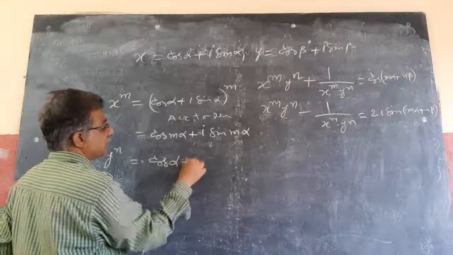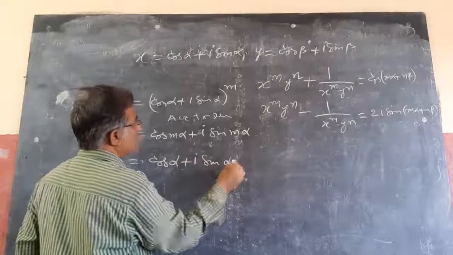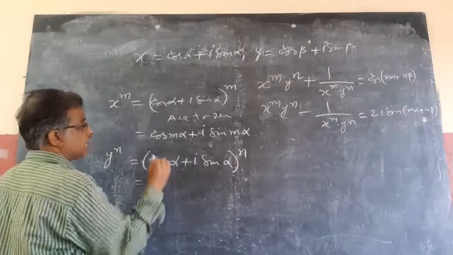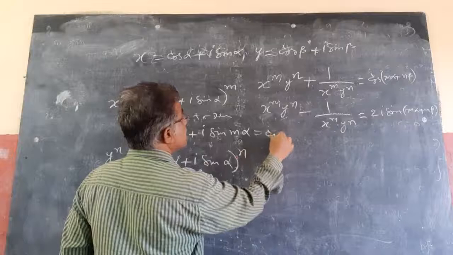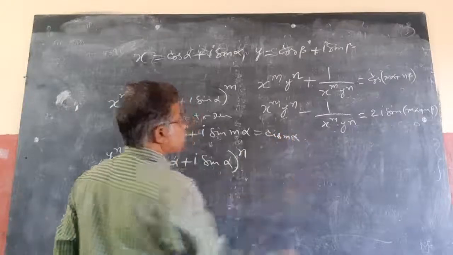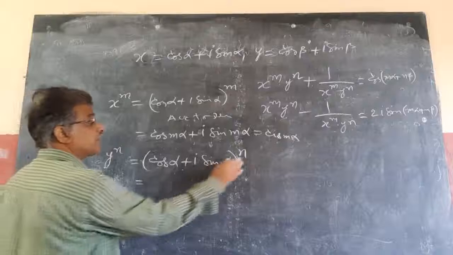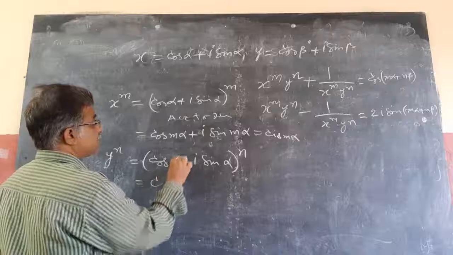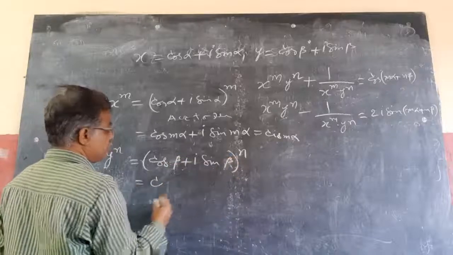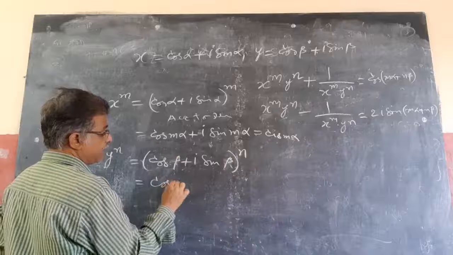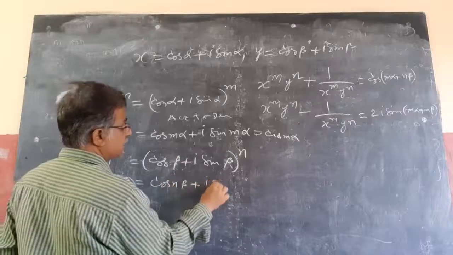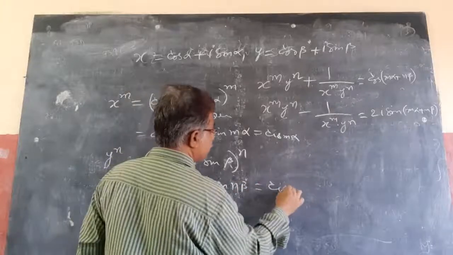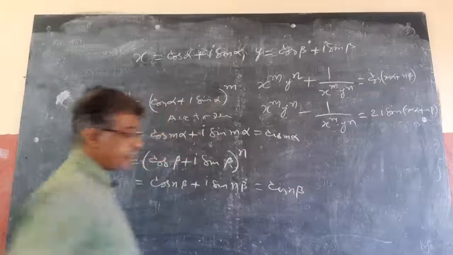I will write this as cis of m alpha, easy for me instead of writing both. Similarly y power n: y is cos beta plus i sin beta whole power n, equal to cos n beta plus i sin n beta according to De Moivre's theorem. And I write this as cis of n beta.